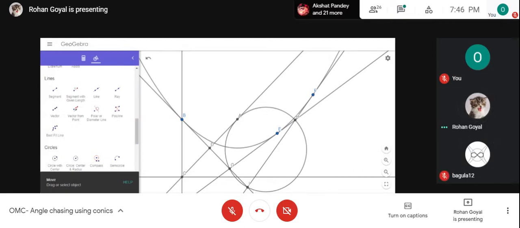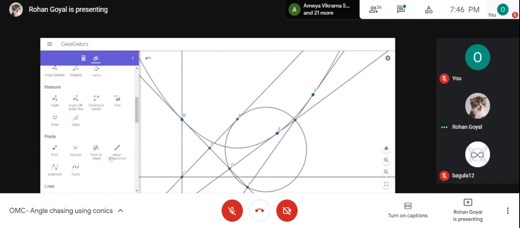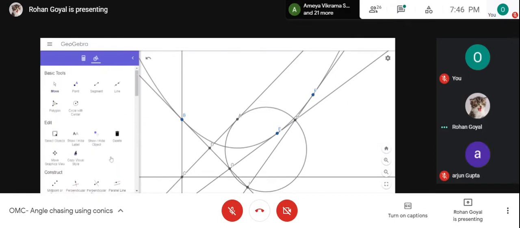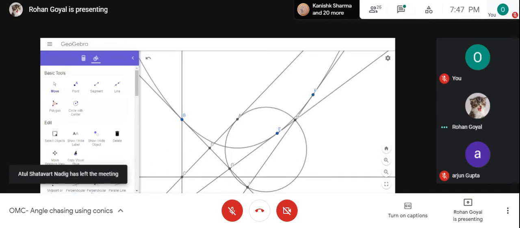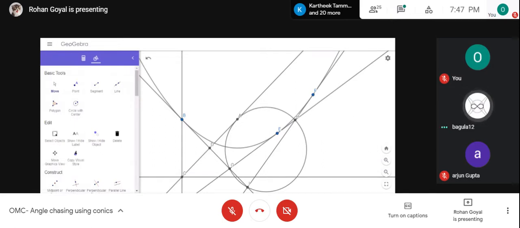Can anyone prove that? Previously we have the bisector.